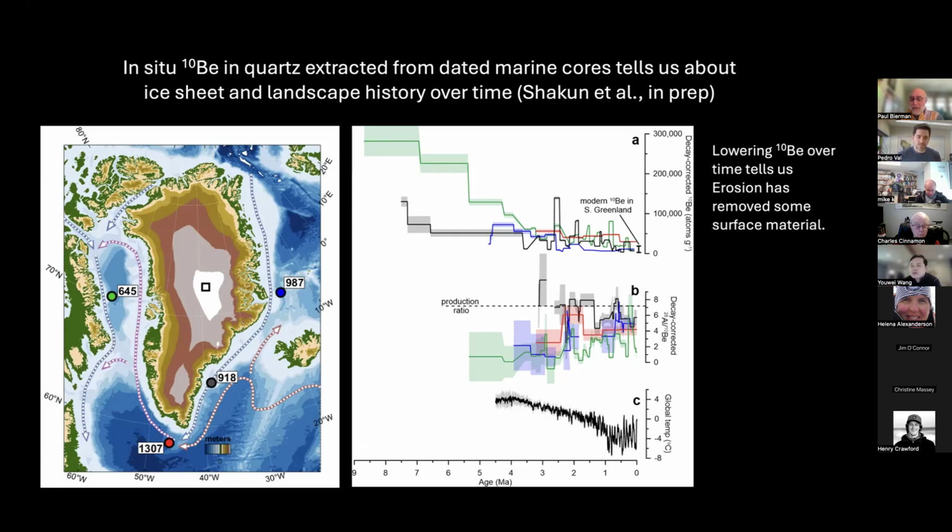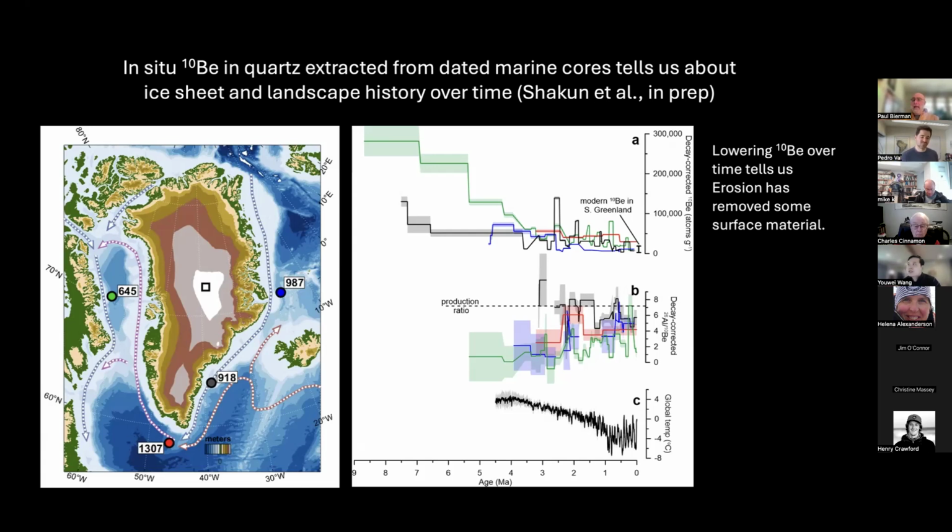So I wish I could give you a better answer. There is structure in these data. What that means, that's why this is in prep. But I think what Jeremy and I have focused on is that when you look at that decay corrected graph and you look at the production ratio, with the exception of 918, all of these are in a zone that requires significant burial.